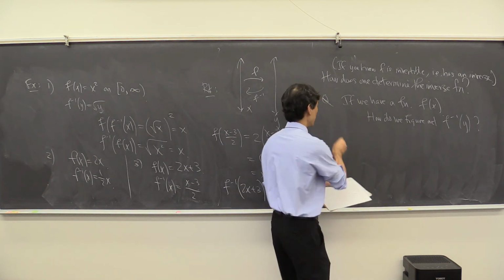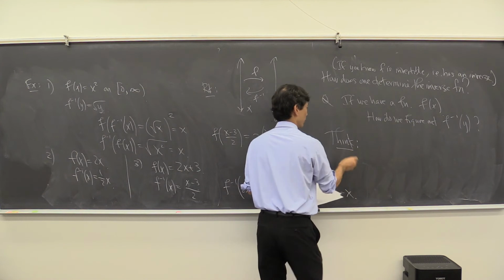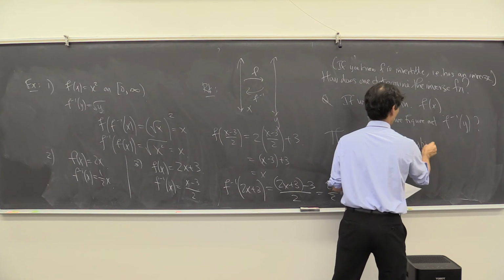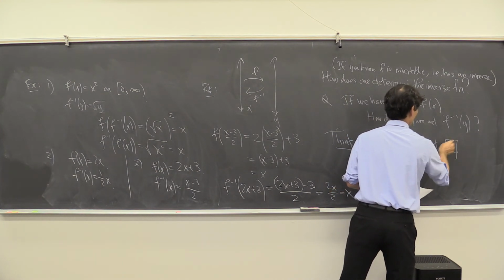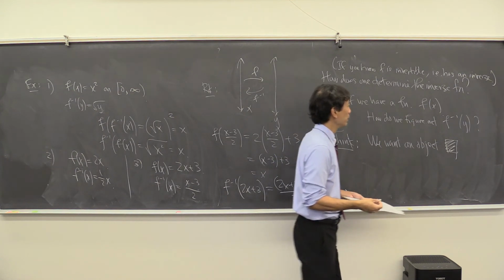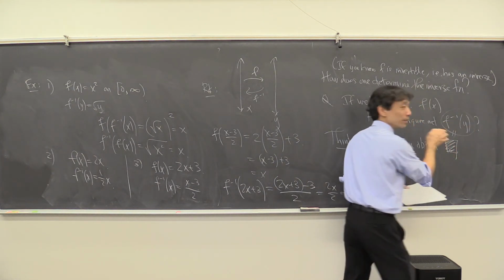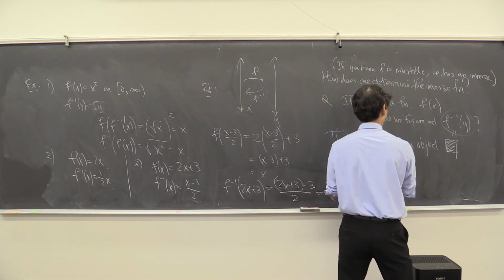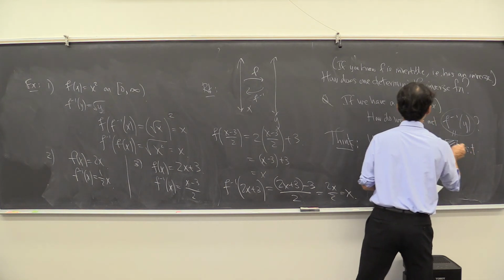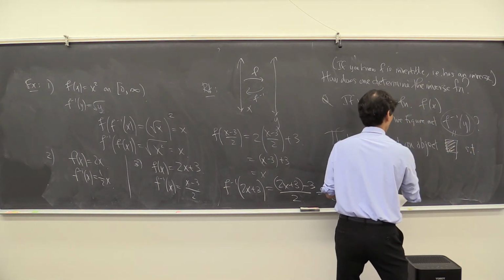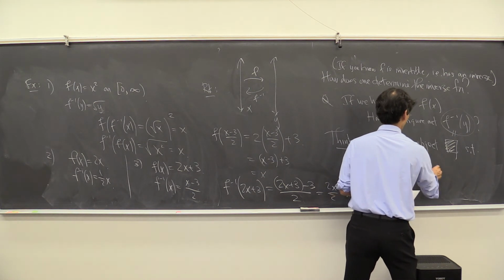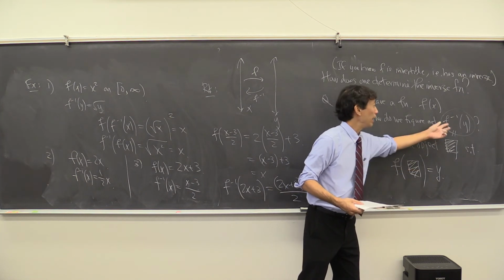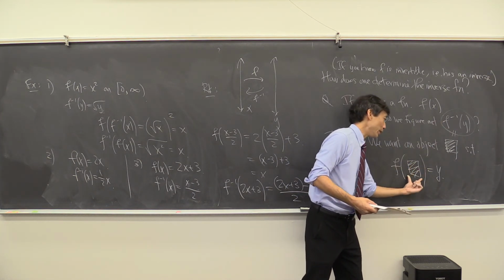We want some sort of object, and I'm going to just make it this box. The box is the thing we're looking for. We want some sort of object with the property that f of that object equals y. That's our goal. We want to find f inverse of y. We want to find the thing that, if we put it in here, we get y.